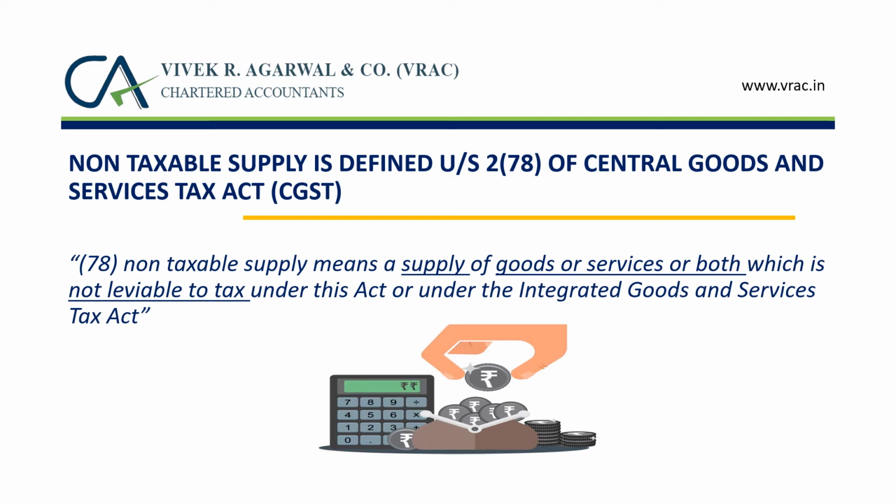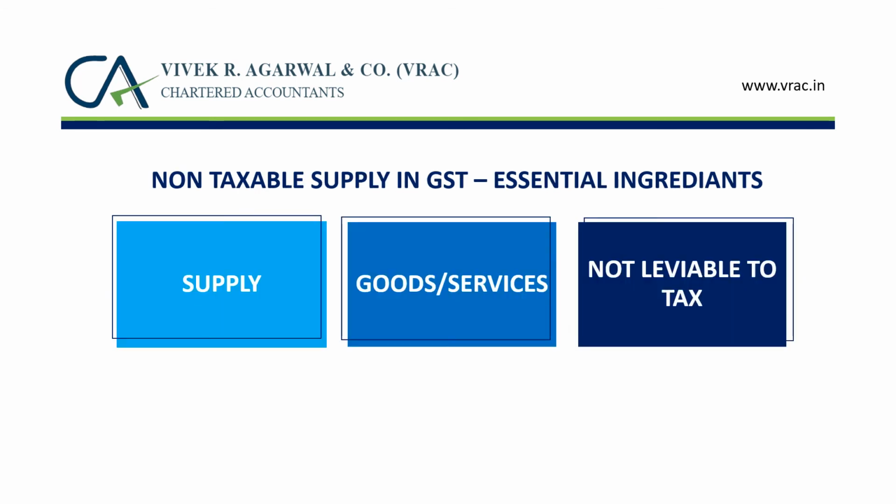Non-taxable supply is defined under Section 2 subsection 78 of CGST Act, and it reads as follows. Non-taxable supply means a supply of goods or services or both which is not liable to tax under this Act or under the Integrated Goods and Services Tax Act. Thus, the supply must be of goods or services or both, and the supply of goods or services or both should not be liable to tax.